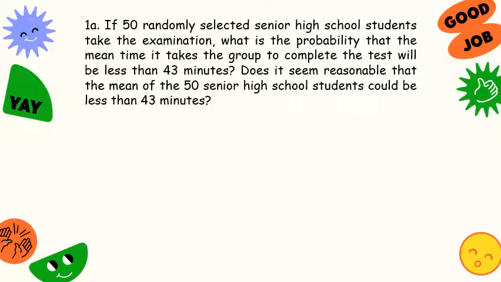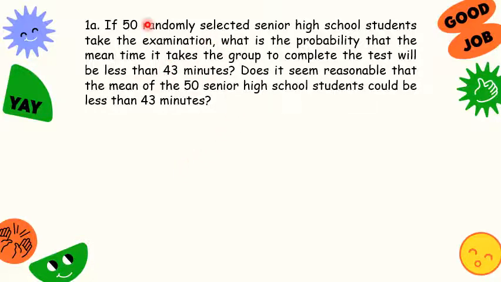Okay, so, ito ay extension ng ating example number 1. No? So, kadugtong to. So, sabi dito, if 50 randomly selected senior high school students take the examination, what is the probability that the mean time it takes the group to complete the test will be less than 43 minutes?